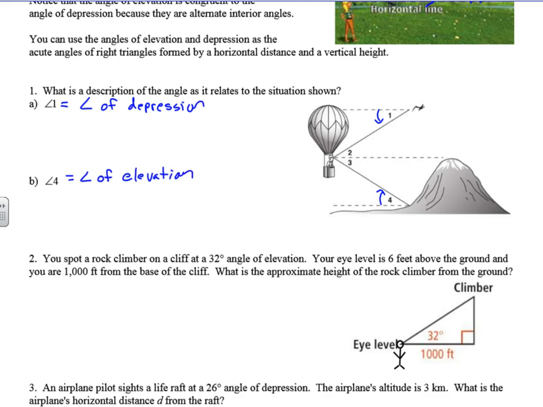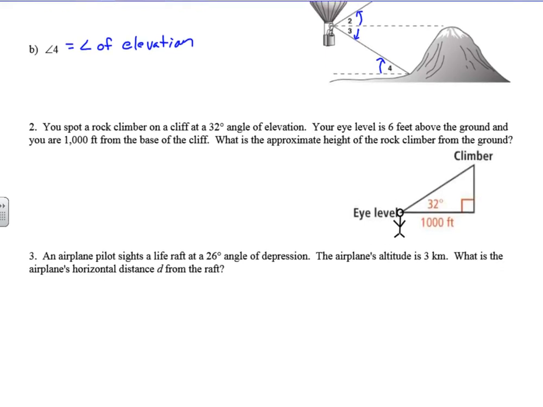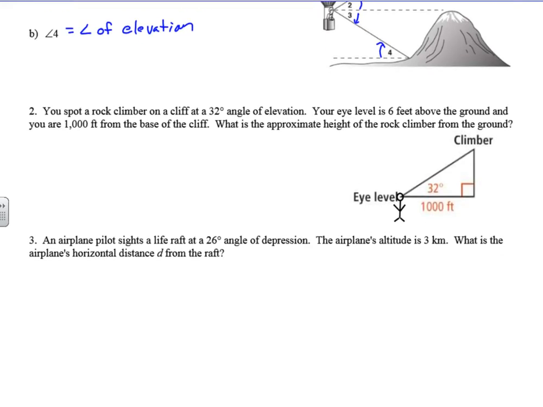So just being able to identify that. Again, angle 2 would be an angle of elevation. That's the person in the balloon looking up. But angle 3 would be the angle looking down. All right, so I love these questions. I like to ask them. It's a way to apply the right triangle trigonometry relationships.